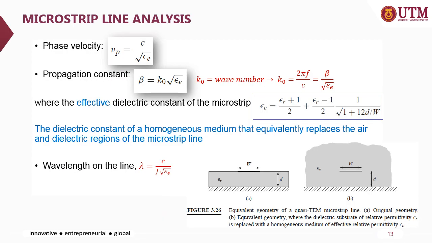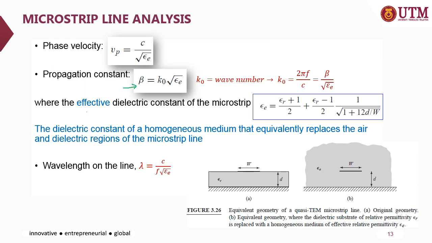Okay, some equations involved in microstrip line analysis: the phase velocity as mentioned earlier, and the propagation constant beta equal to k naught, the wave number, multiplied by the square root of the effective permittivity. In strip line, you use the relative permittivity, epsilon r, but in microstrip line, you use effective permittivity.